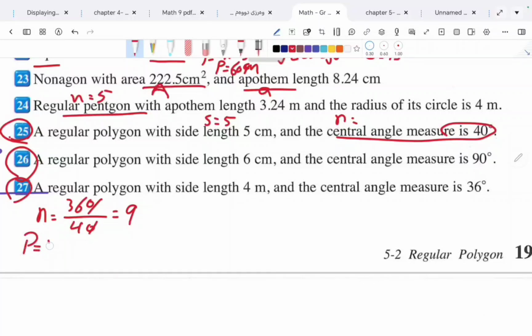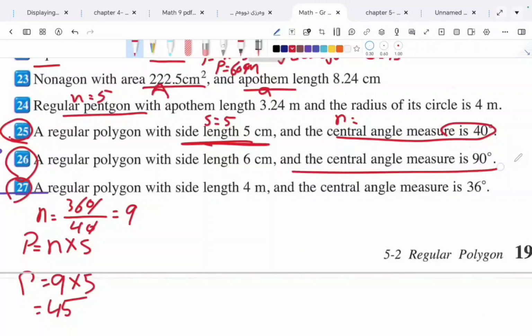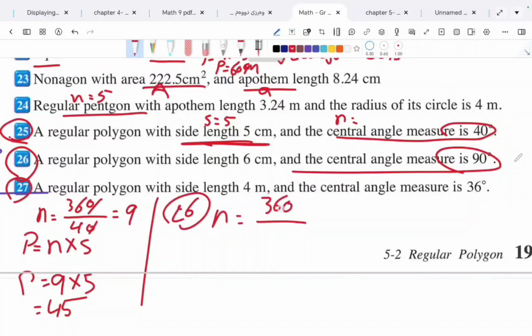So use the rule of perimeter. We have n, we found it. S equals what? They say s equals 5. So 9 times 5 equals 45. For question 26, again you have to find n. n equals what? 360 divided by 9, which equals 4.